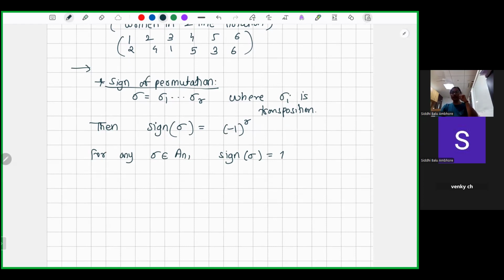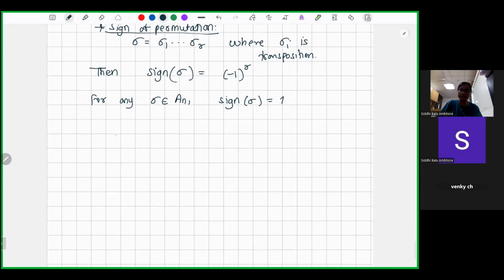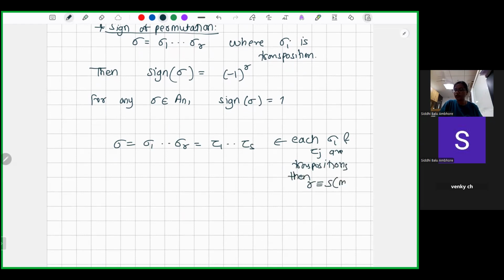Note that this is a theorem which we have. If sigma is a product of transpositions sigma 1 to sigma r and also a product of transpositions tau 1 to tau s, then r is congruent to s mod 2.